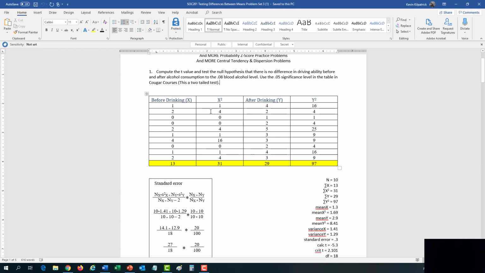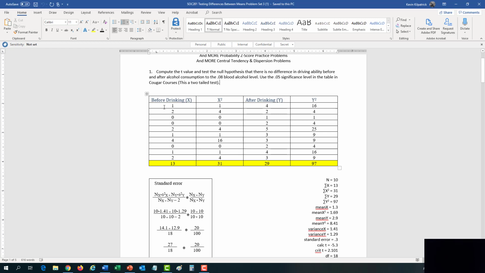After I have squared each number and put them in the appropriate columns, then I have to add up all of these columns. The first column total is 13, the next 31, the next 29, and the next 97.